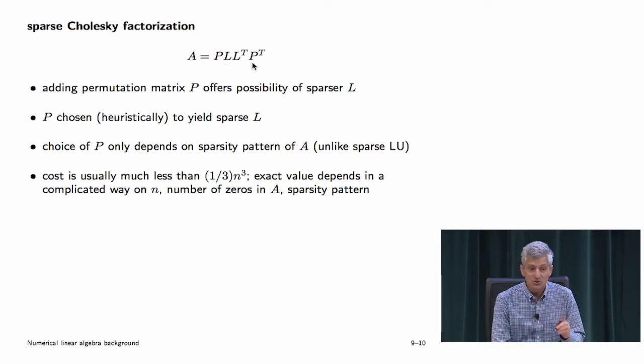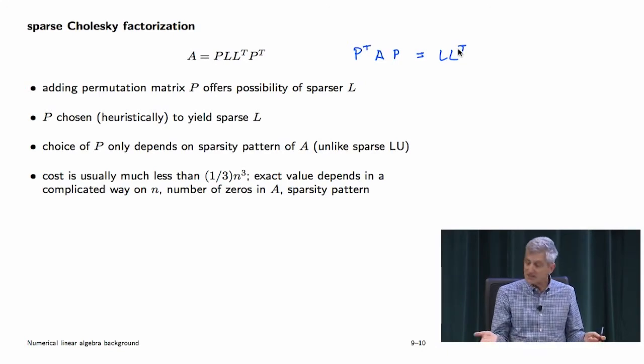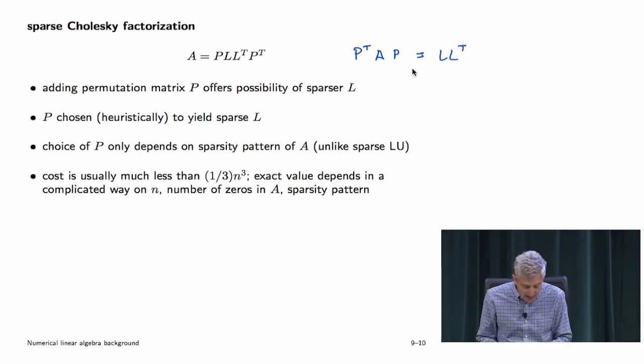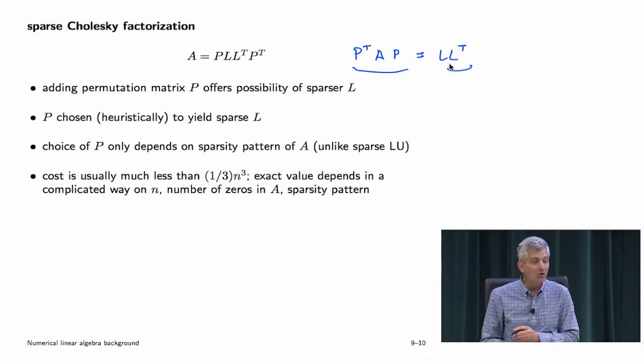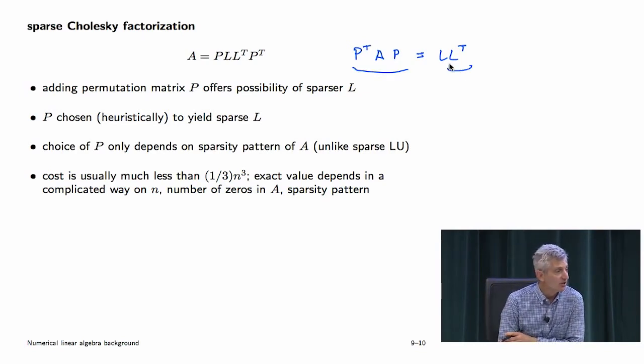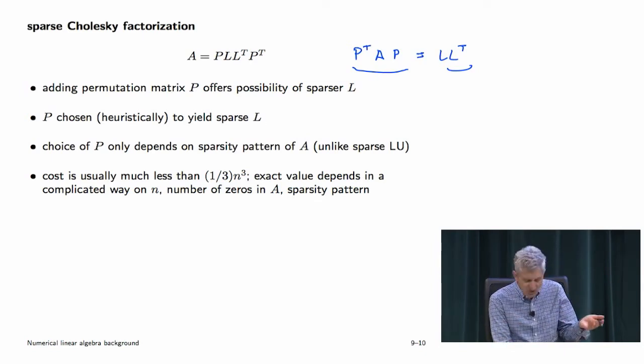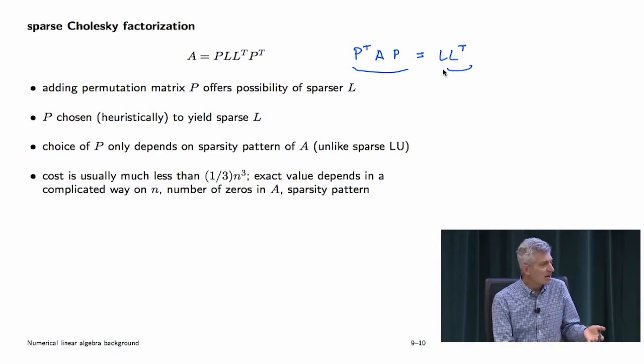You do pre and post multiply, or if you like, another way to write this is to think of it this way: first you permute A, then call a Cholesky factorization on the permuted version. So that's a good way to think of it. And by the way, everybody has a different convention. Sometimes it's lower triangular, sometimes it's upper triangular.